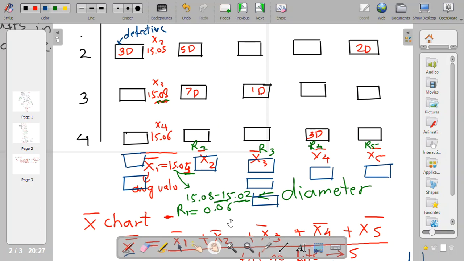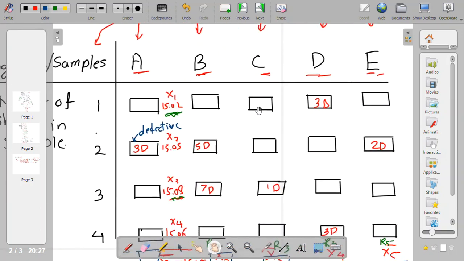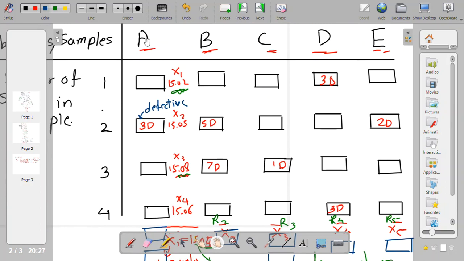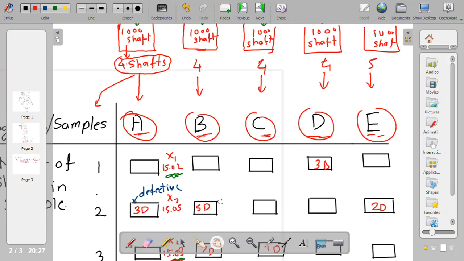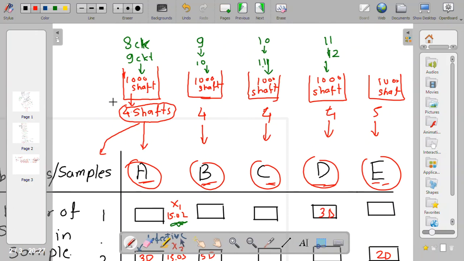So what you have observed, in each subgroup total number of shafts are not constant. That means the quality inspector first selected around 7 shafts, here 5 shafts, instead of 4, 5, instead of 4 around 6, instead of 5 around 5.